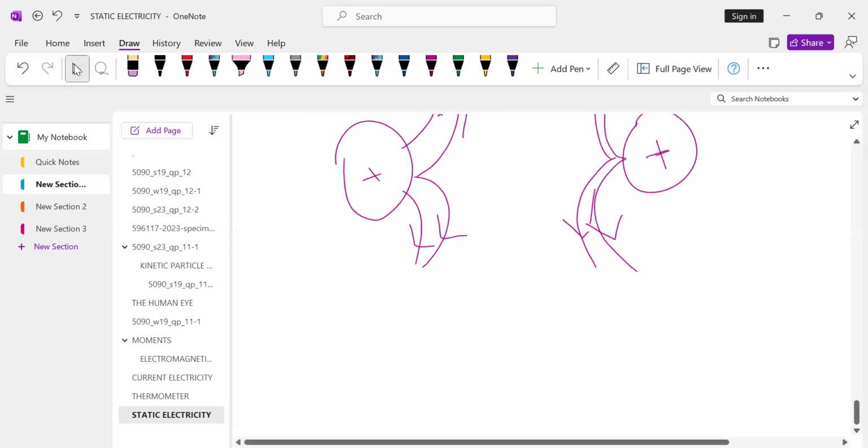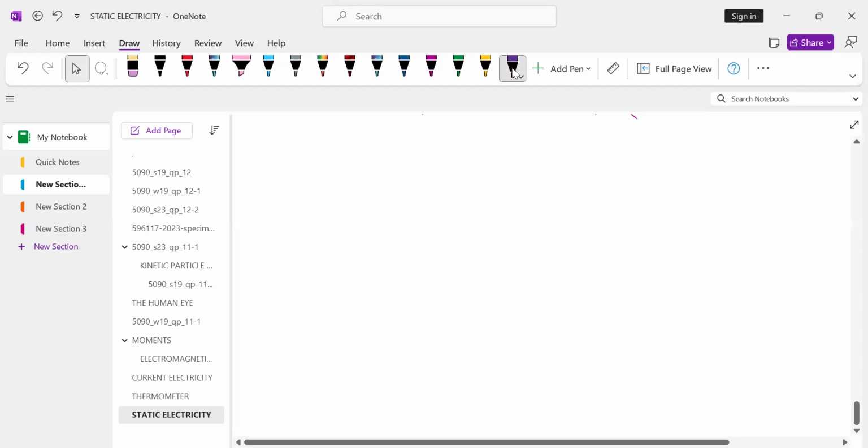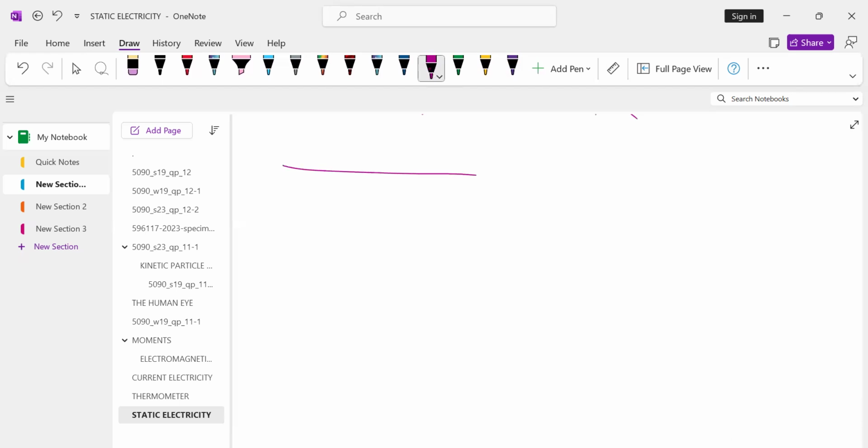Okay, then here is case 5. Here is the positive, this is negative. Now the field lines would be going from positive to negative, and the field lines would have equal distance and should have equal length as well.